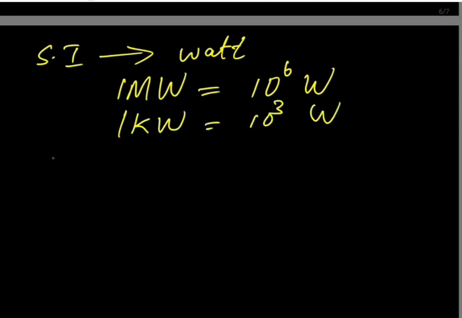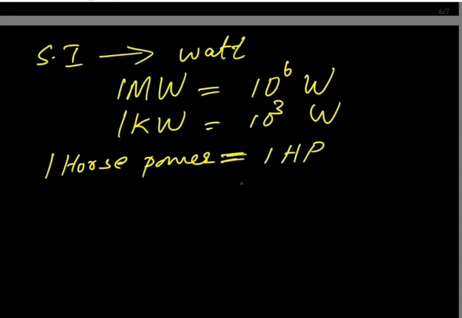Yet another unit of power is there, which is known as horsepower. So the same we have learned in mechanics also. Same only we are using in electrical energy or electrical power. So 1 HP or 1 horsepower is 746 watt. So these are the things which we have to learn about electrical energy and electrical power.